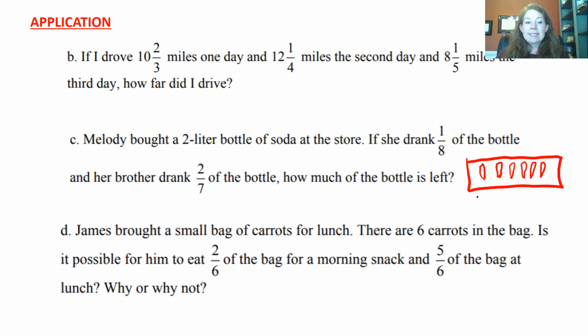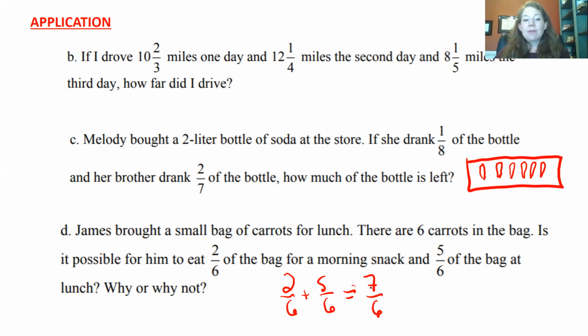So let's see, is it possible for him to eat 2/6 of the bag for the morning snack and 5/6 of the bag at lunch? Well, there's a couple of ways of thinking about this. First of all, without even thinking about how many carrots are in the bag, if I wanted to see how many parts of the bag he ate in all, I would get a number greater than 1.